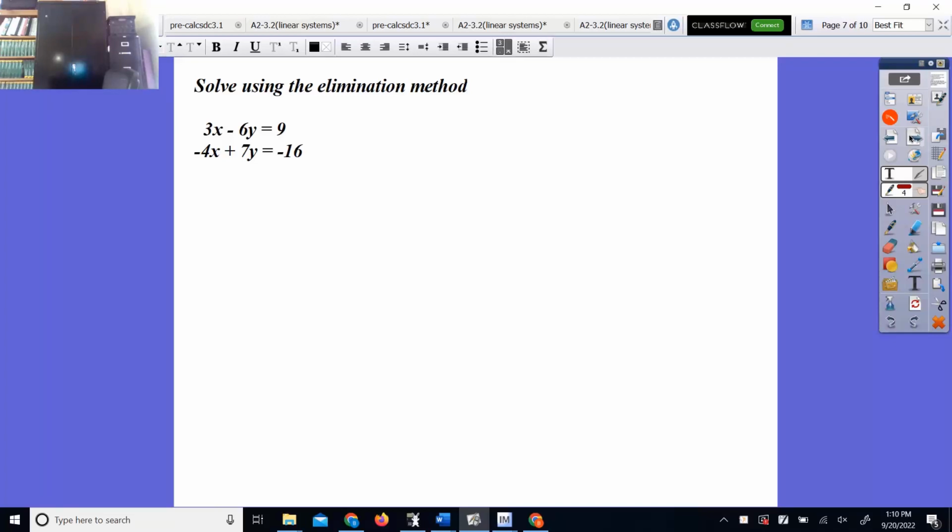Multiply one or both equations by a constant so that when you add or subtract, you can eliminate either x or y. I gotta do the same thing. I want to turn them into the same thing.